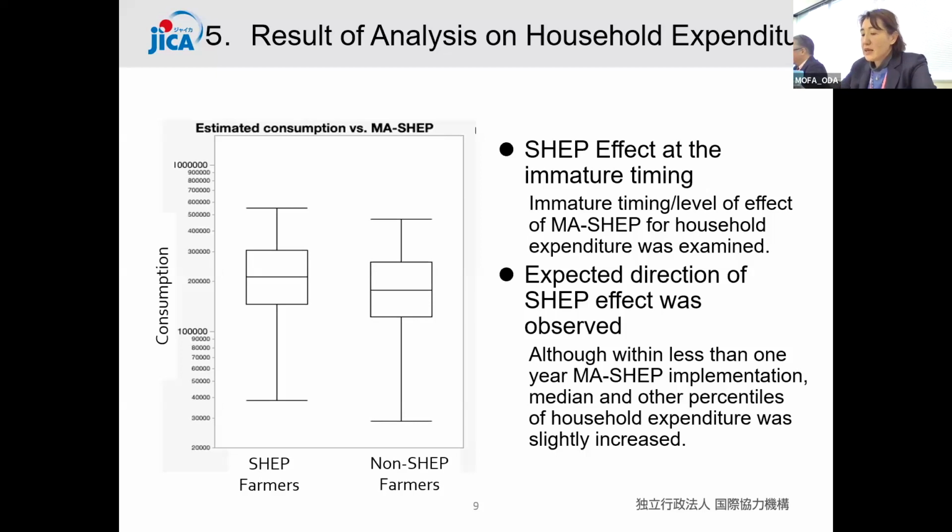But I would like to highlight the timing of the data collection, because this data is collected after the project was launched in 2017. So we tried to collect the data of non-MASHEP farmers who are in similar condition to SHEP farmers. And then the second point is that the data is collected during the project implementation.